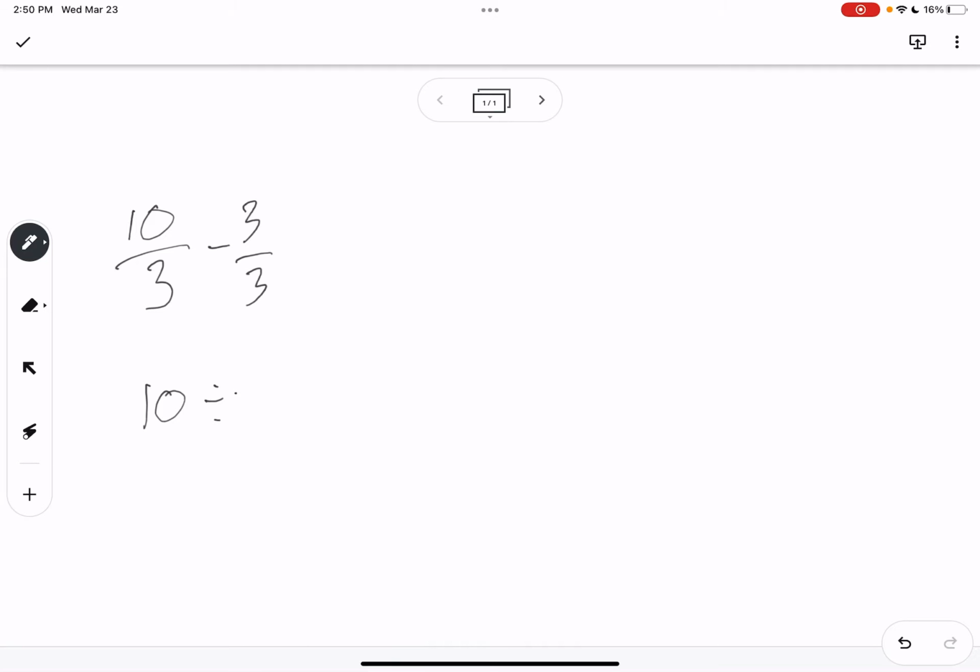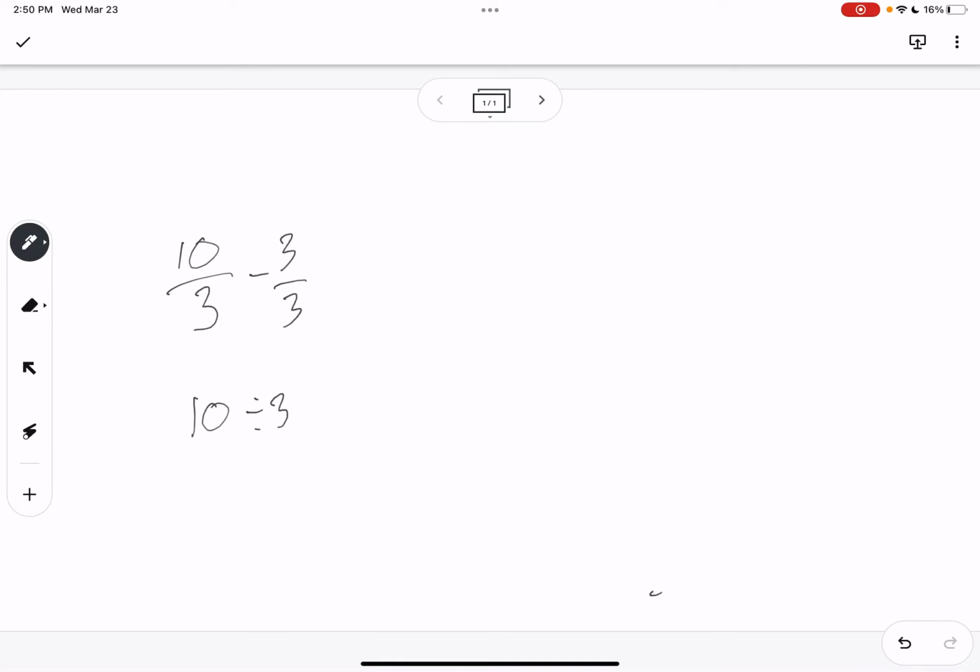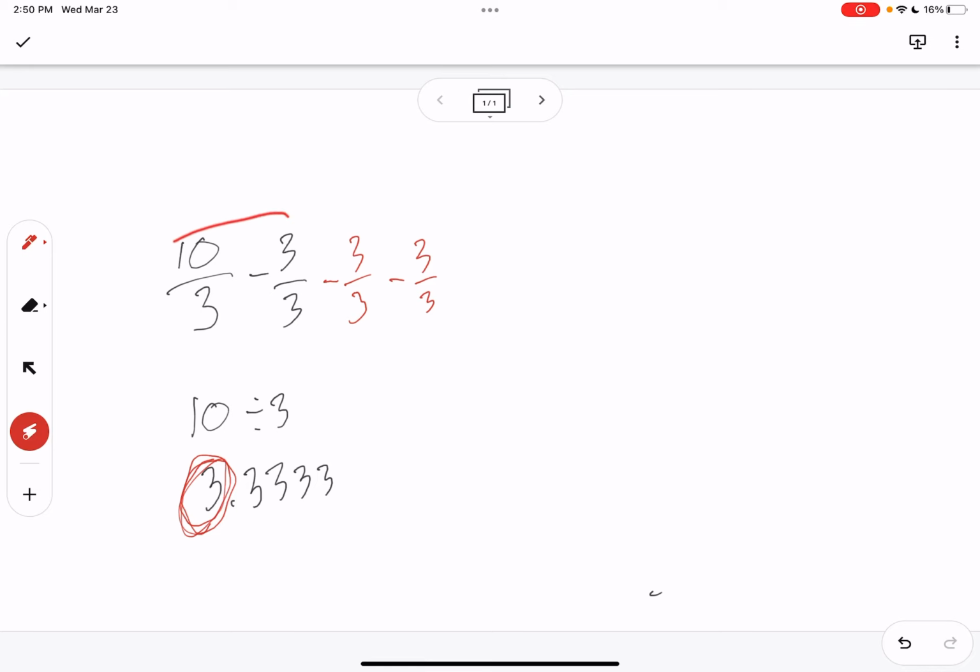You'll see that you get 3.3333. Really, all I care about is the whole number, because it tells me how many whole fractions I have. If I subtract 3 whole fractions, 10 minus 3 is 7, 7 minus another 3 is 4, 4 minus another 3 is 1, and I'm left with 1/3.